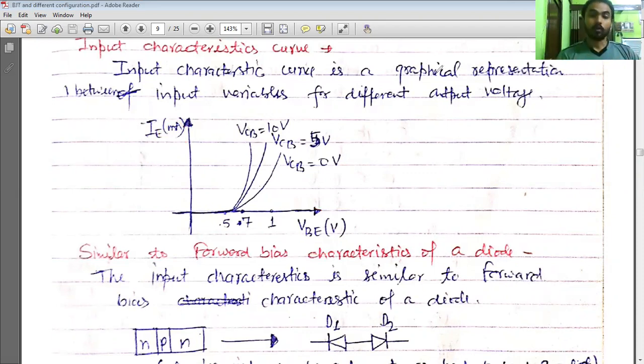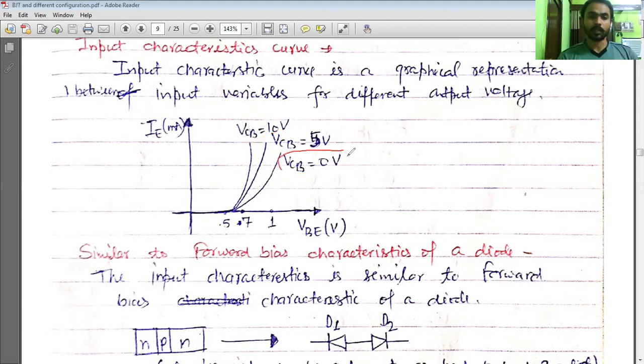The input characteristic is the curve between the input variables for different output voltages: 0 volt first, 5 volt second, and 10 volt third. We'll first understand this curve.